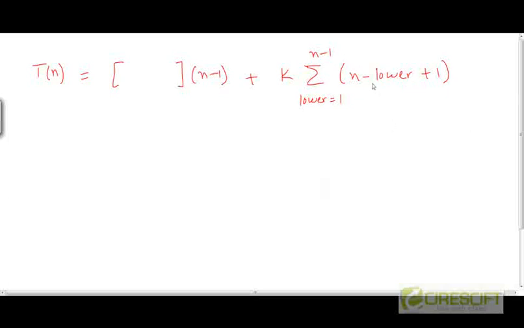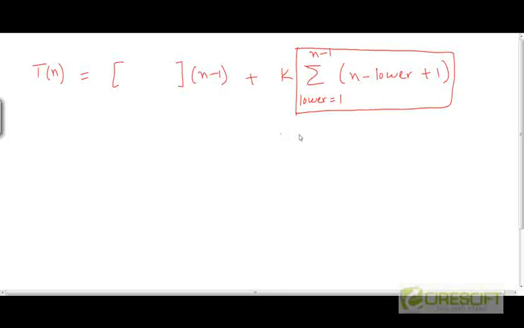So when lower is equal to 1, let's just focus on this expression. When lower is equal to 1, that is in the first iteration, you are scanning every single element of the array. So the time that you will take to determine the minimum element will be proportional to n minus lower plus 1, which is equal to n, because lower is equal to 1.